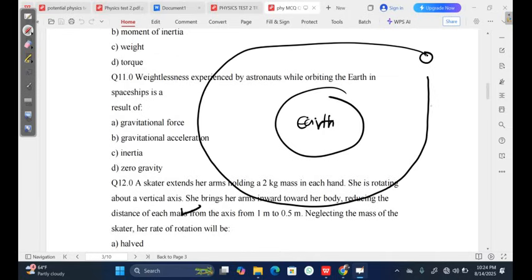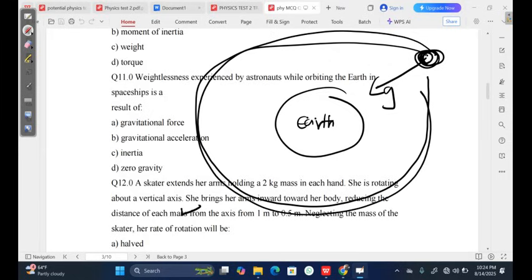So it is moving around the Earth. The only thing that is going to keep this object moving around the Earth is the acceleration due to gravity that is going to be acting as the centripetal force. Does that make sense? Gravity always tries to bring this object down, so g will always be there. The acceleration due to gravity, what we call gravitational acceleration, is going to help us maintain this object moving around the circle.